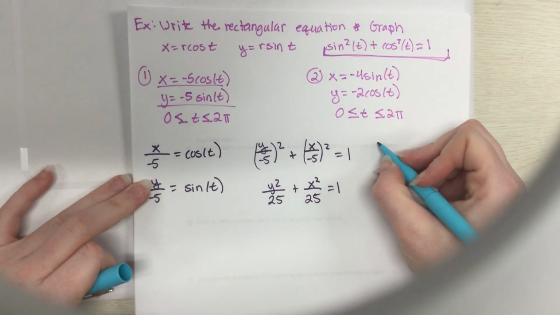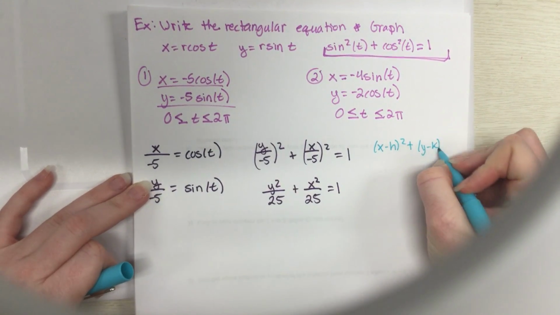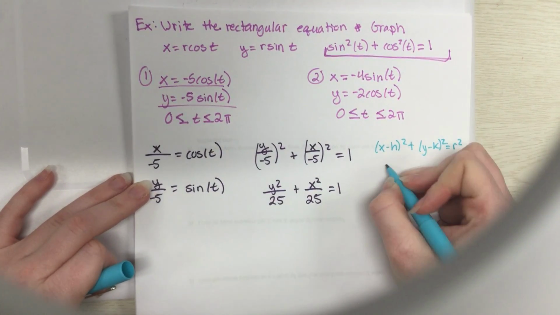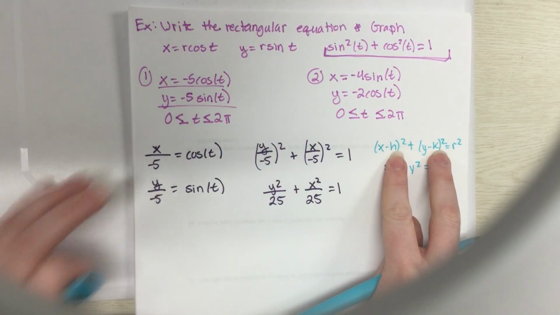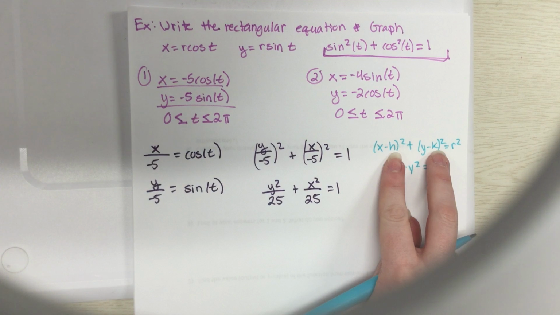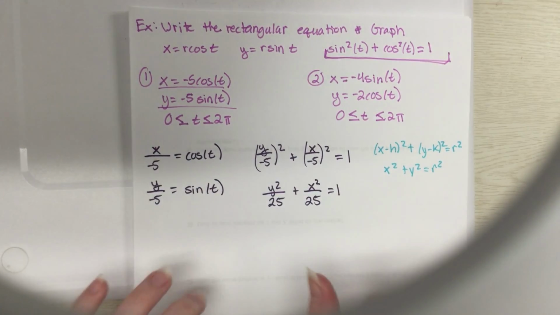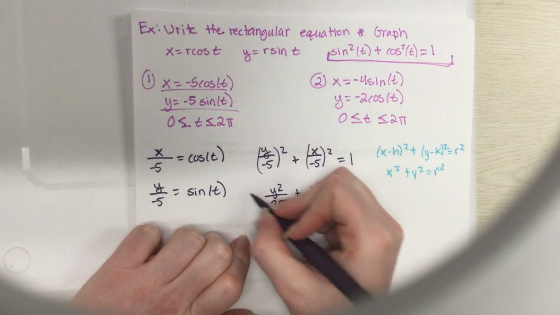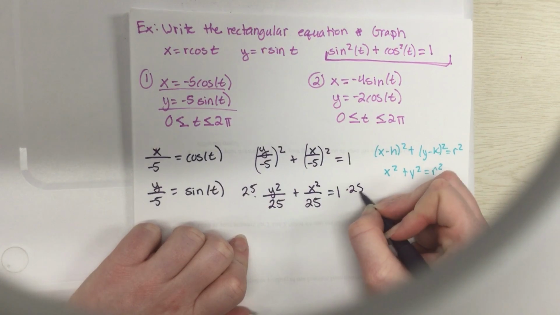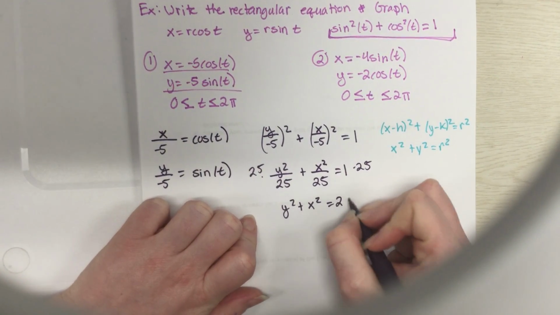Remember our circle equation is x minus h squared plus y minus k squared equals r squared, or just x squared plus y squared equals r squared if h and k are 0. They exist, they're just 0. The first thing I notice is I have 25's on the bottom, so let's multiply by 25 on both sides. I'm left with y squared plus x squared equals 25.